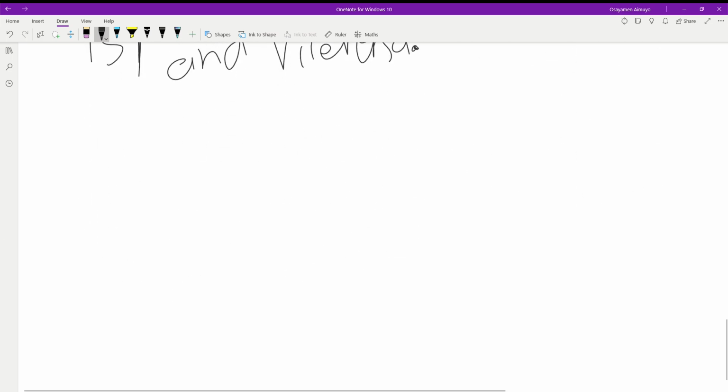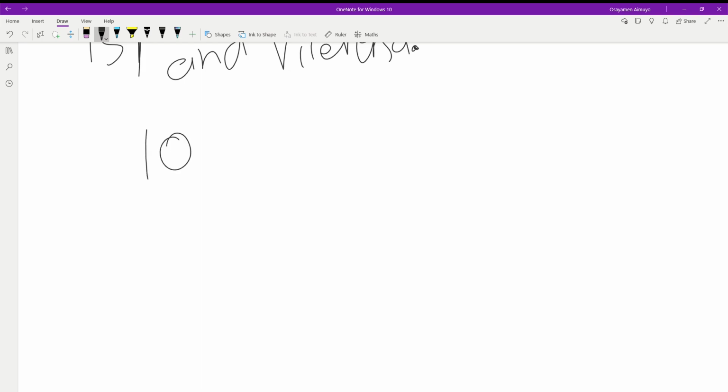Okay, so for binary floating point arithmetic, it's basically converting floating point numbers to binary. So for example, there's a relatively quick way to do this.